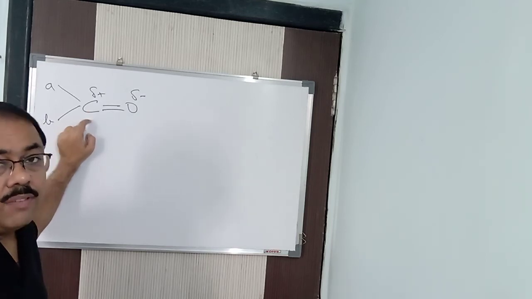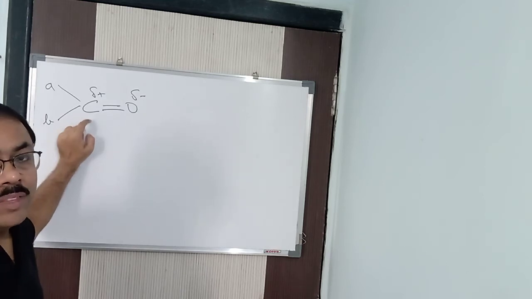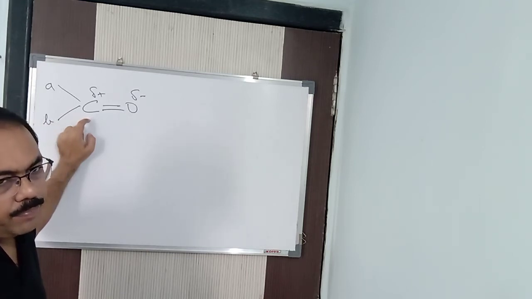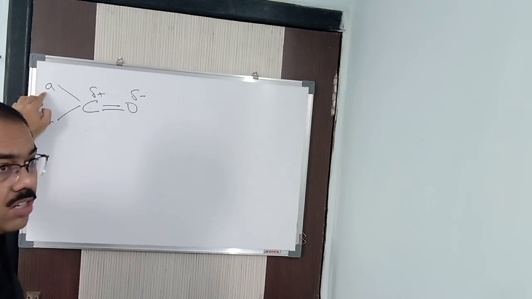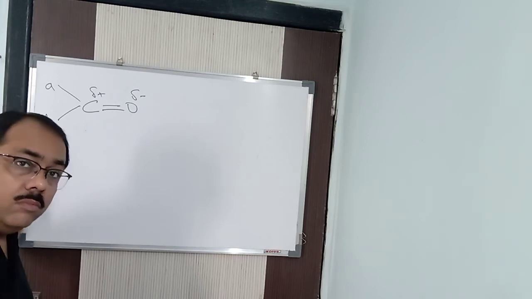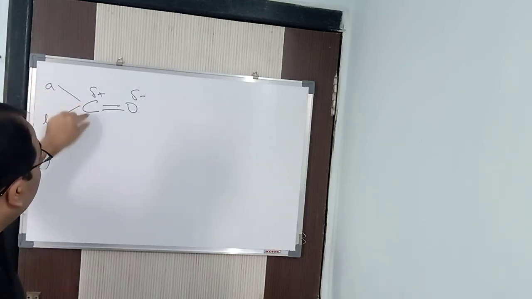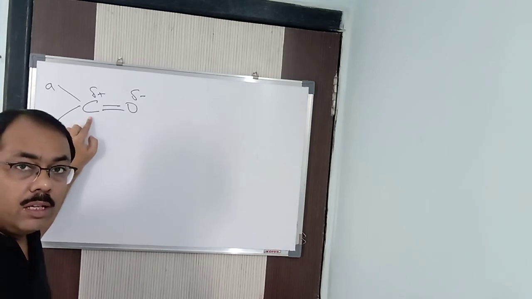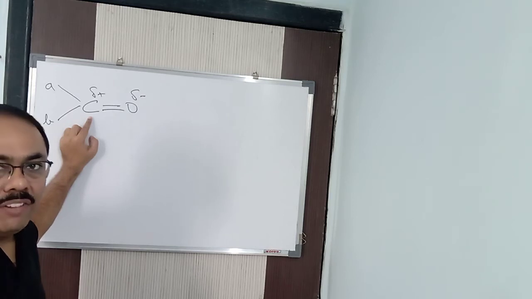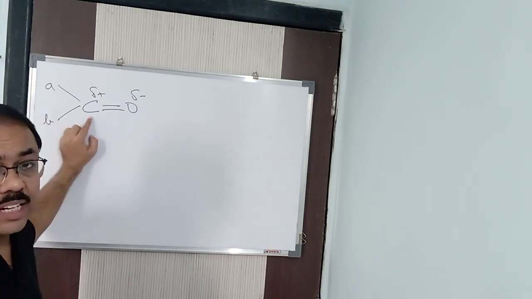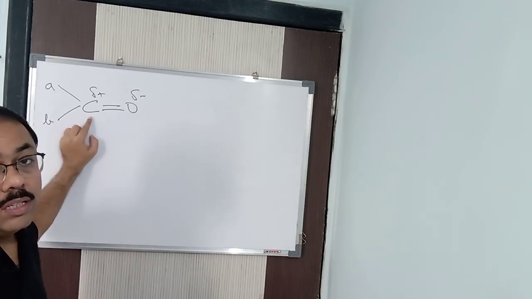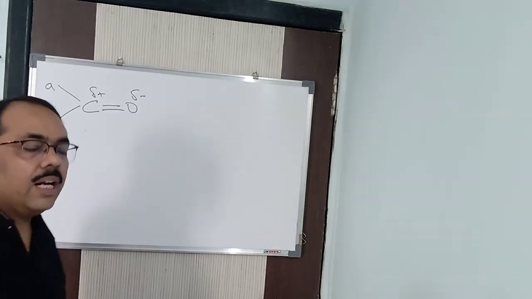So the reactivity of aldehydes and ketones depends upon the electropositive character of the carbonyl carbon atom. If A is a CH3 group and B is also a CH3 group, or any alkyl group, say C2H5, both are electron donors and will donate electrons to this carbon. Again, the electropositive character decreases, so the reactivity decreases. Hence, again and again I am saying, the reactivity of aldehydes and ketones depends upon the electropositive character of the carbonyl carbon.